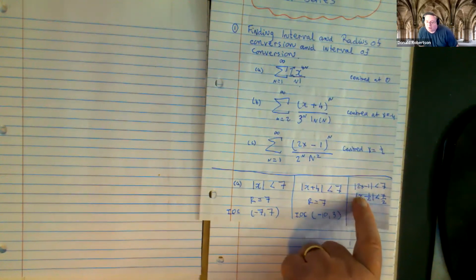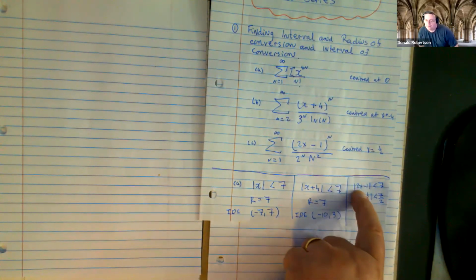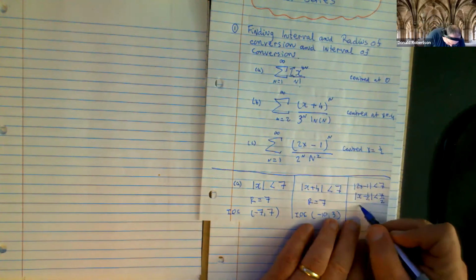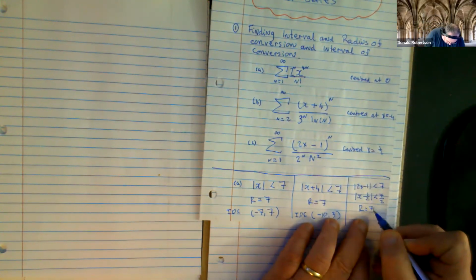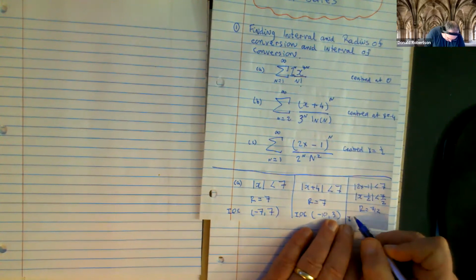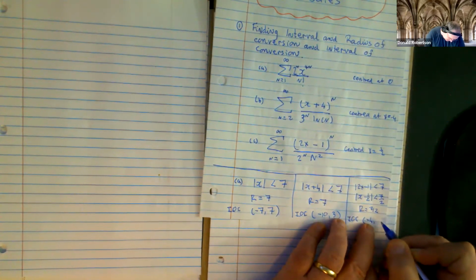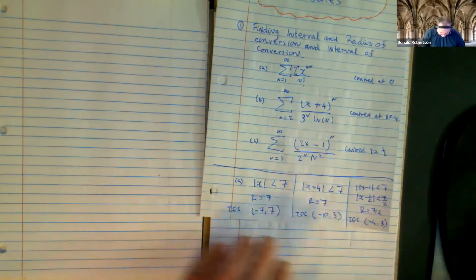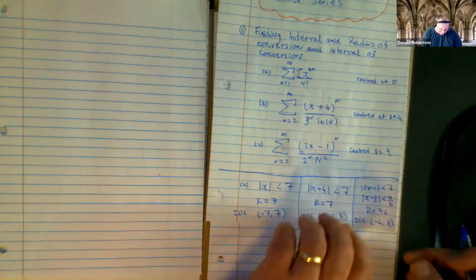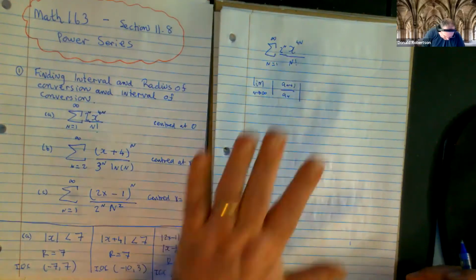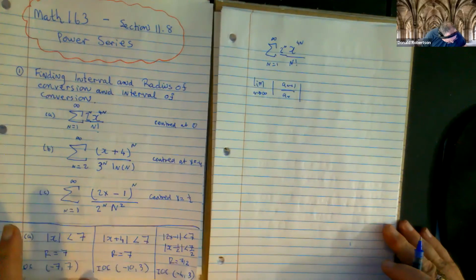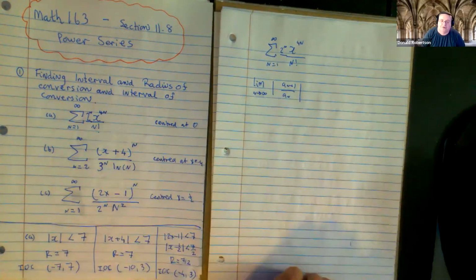You can't have a multiple of x. So this is what that will turn into. And that means that in this case, the radius of convergence is that. And the interval of convergence, you're going to have to trust me on this, will end up being that. So we're going to see these types of things happen in each of these. So I kind of have an idea of what's going to happen when I finish doing this one.